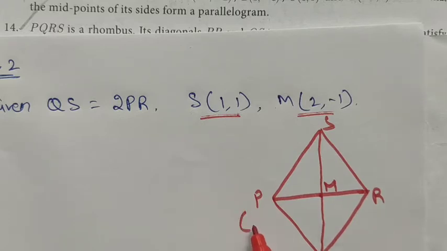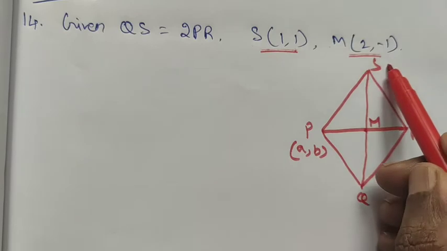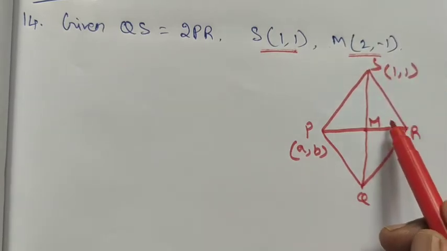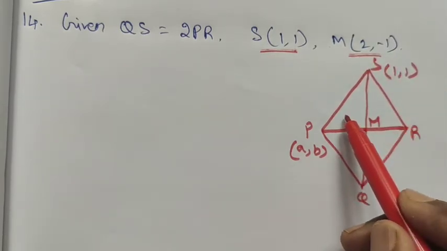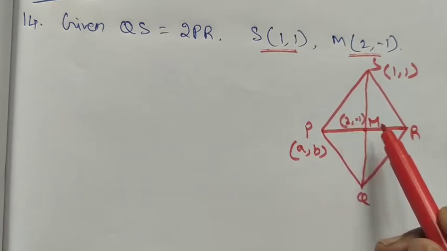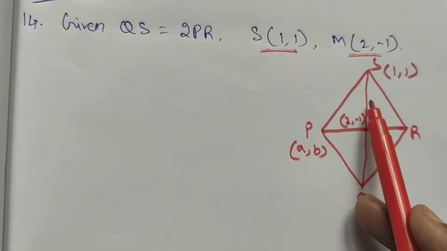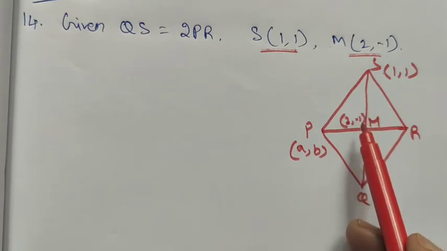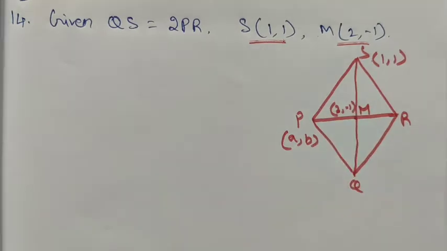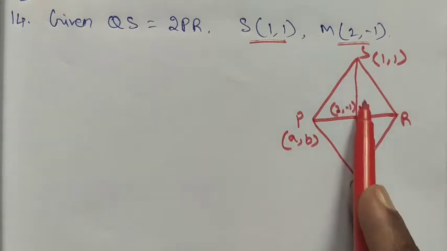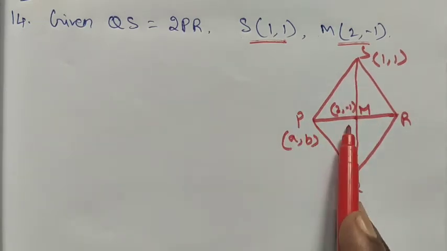Let me take the coordinates of P as (A, B). The S point is given as (1, 1). The M point is given as (2, -1). Now, when two points are given, we can find the slope of SM, and SM is perpendicular to PM, right?